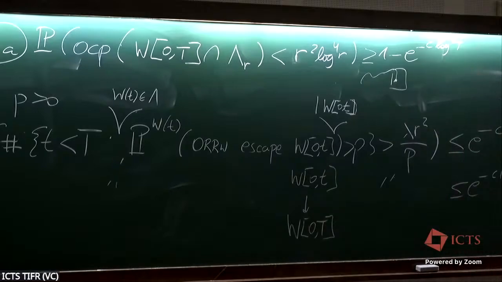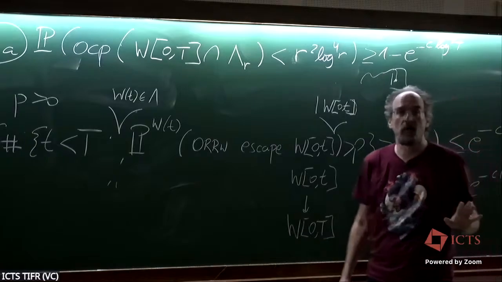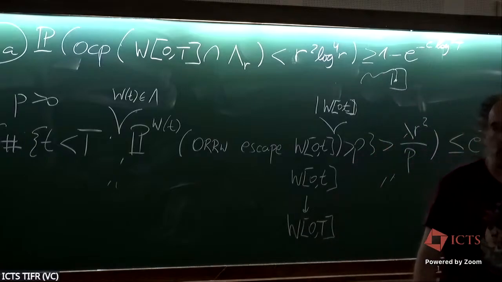So this is the argument that says that the capacity is small. There are 3 logs here to get 3 logs here, and another log from counting over scales with the probability.